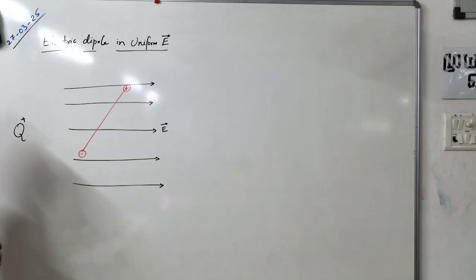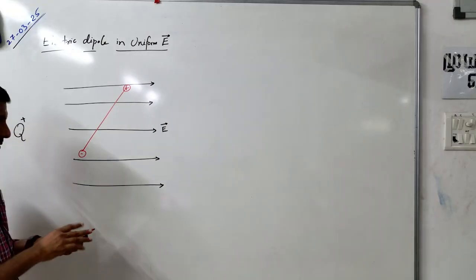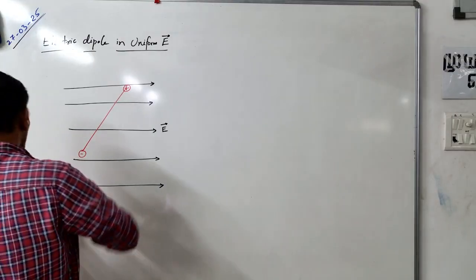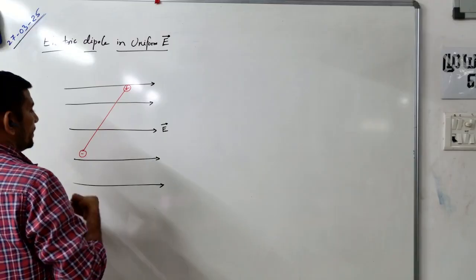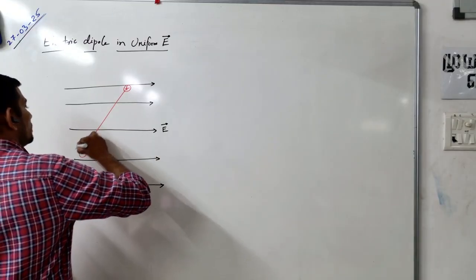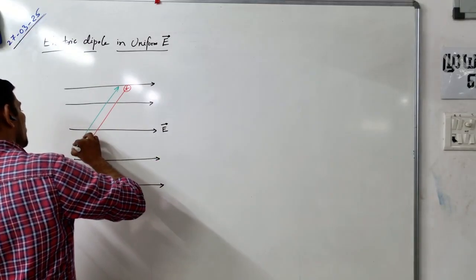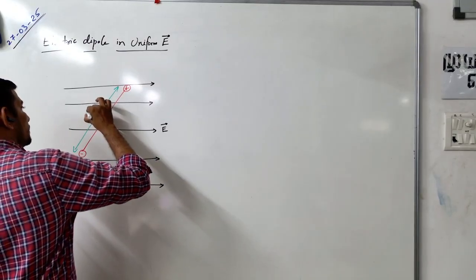Plus and minus charges. And what's the length of this dipole? The length of this dipole is 2a. Let me call this distance 2a.